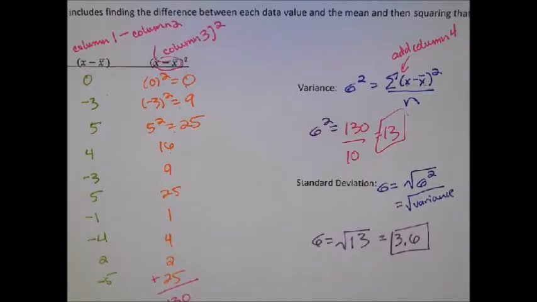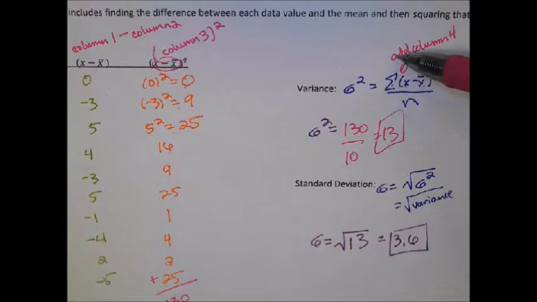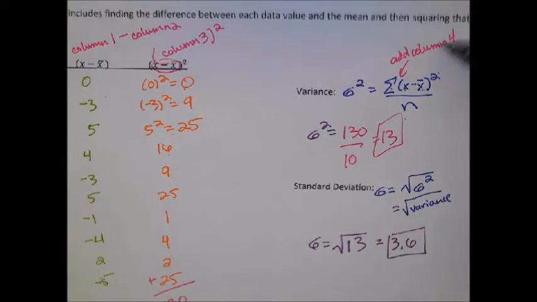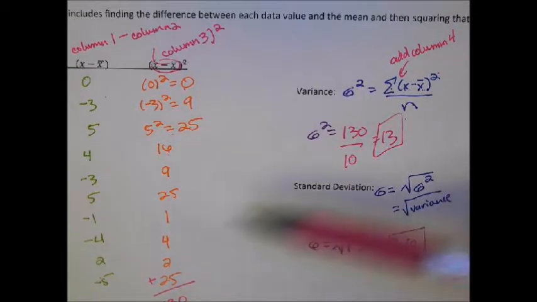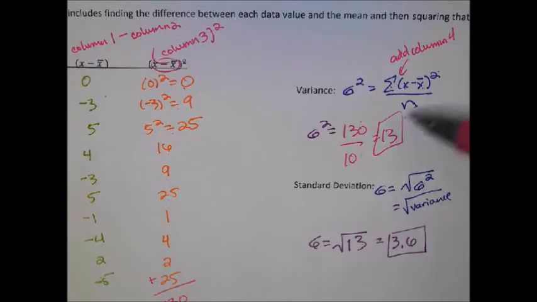Our variance is the sum of the (x minus x bar) squared. So we're going to add up column 4. So we're going to add all these. We got 130. We divided it by 10 because there's 10 numbers and got 13.